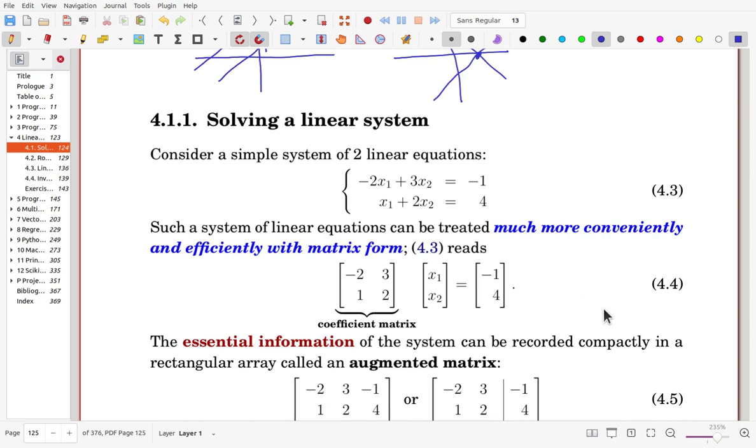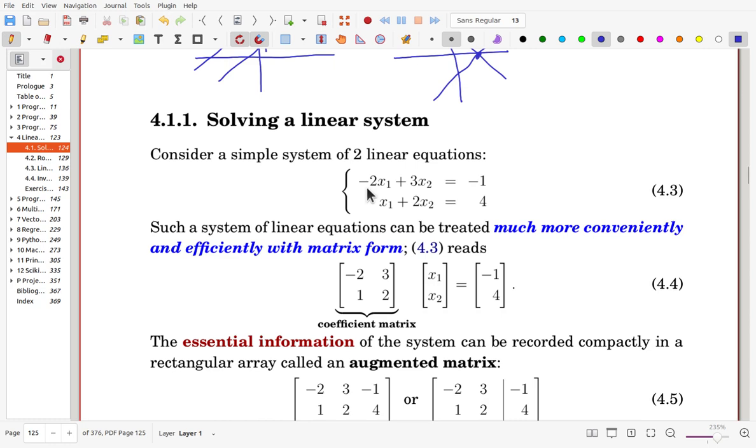Now we'll consider how to solve a linear system conveniently and efficiently. Let's begin with this simple system of two linear equations. For this system, we may try to express it in matrix form.